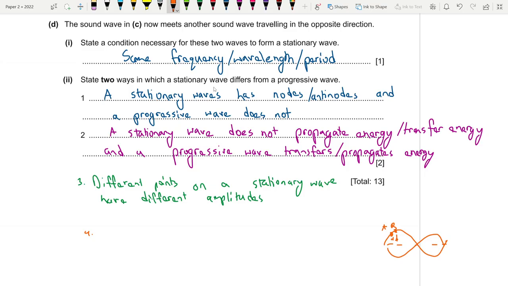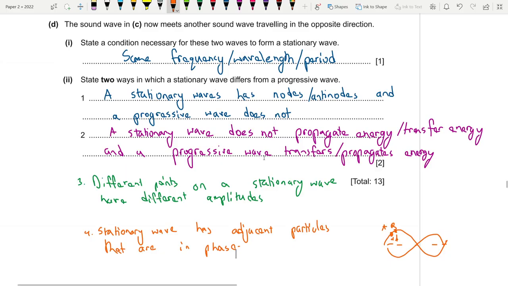So in a stationary wave, adjacent particles are in phase, and adjacent particles on a progressive wave are out of phase, okay? And in a progressive wave, all points have the same or constant amplitude. Hopefully I could clarify. These are the 4 points that you need to learn properly, okay?